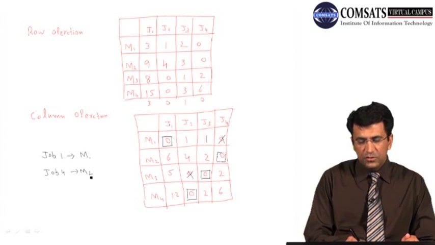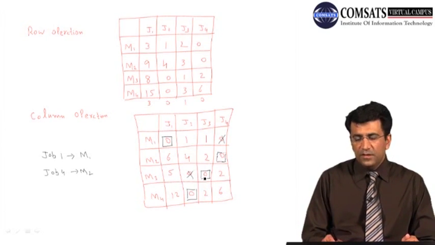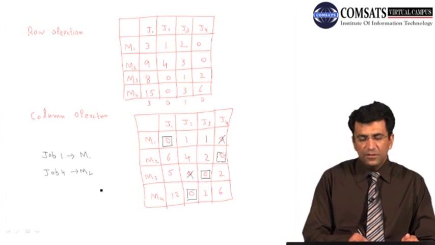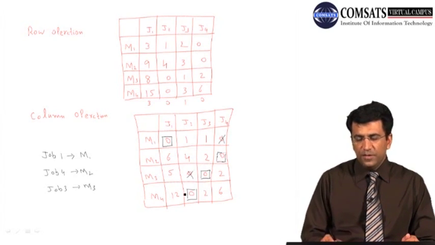So job 4 to machine 2. Similarly, in the third row you can see another assignment, and again we can assign job 3 to machine 3. So our third assignment is we can assign job 3 to machine 3. In the fourth column you can see another assignment, that is we can assign job 2 to machine 4.